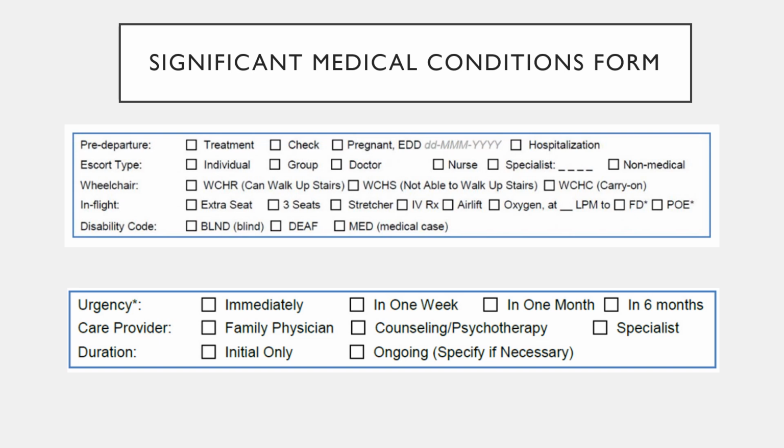So I just want to take a couple of pieces of the significant medical conditions form out to show you where you might find this detailed information. And this has all been filled out by the doctor overseas doing the medical examination. So you might see things listed under pre-departure, like a treatment or a check.